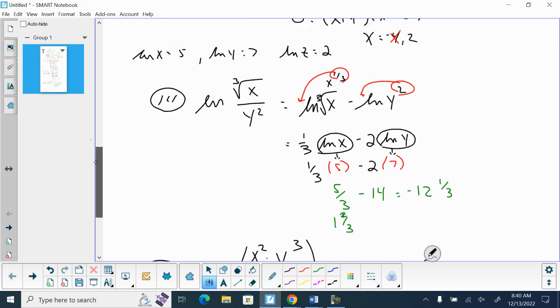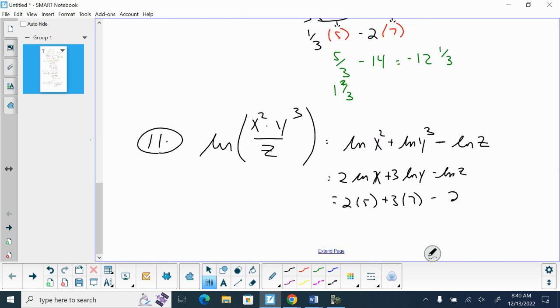Ln of z was 2. So putting in 5, 7, and 2, we have 10 plus 21 minus 2. So we have 31 minus 2, which is 29.